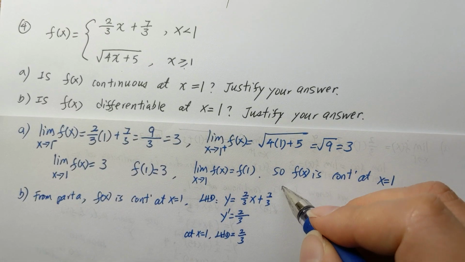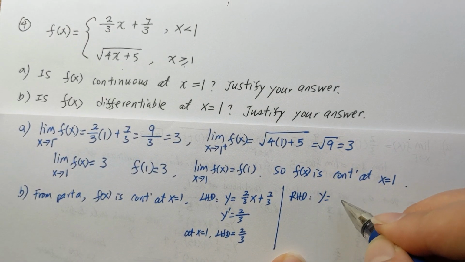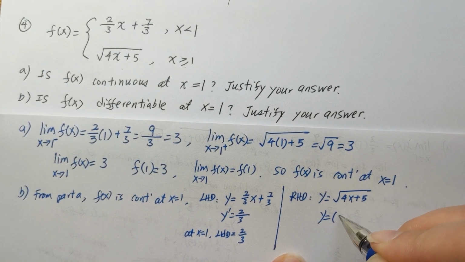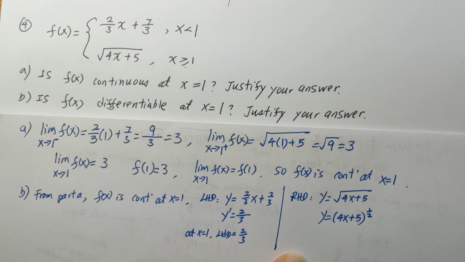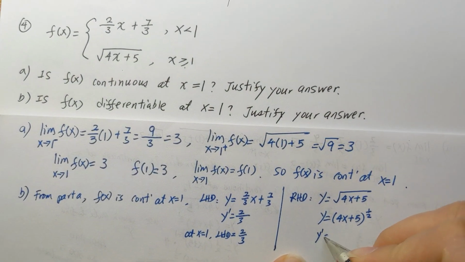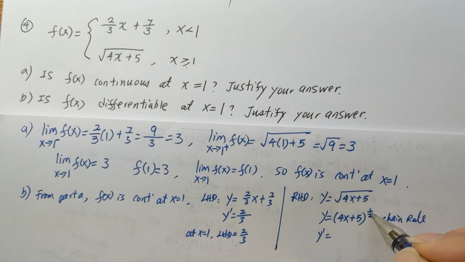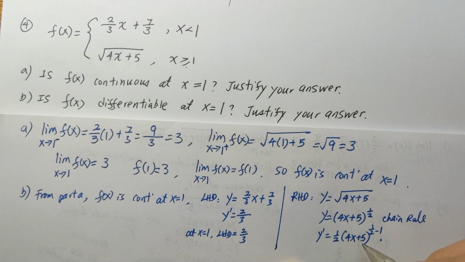So now let's take a look at our right hand. So we got y equal to square root of 4x plus 5. So let's rewrite. Now we're going to use chain rule to find the derivative. We bring the half to the front, and then 4x plus 5 to the power of 1 half minus 1, and multiply the derivative of the inner, which is 4.